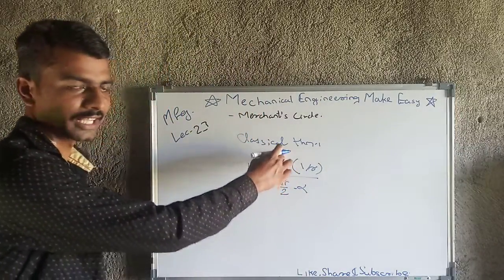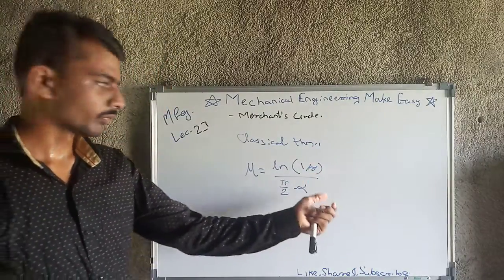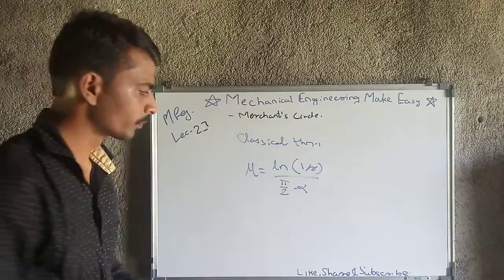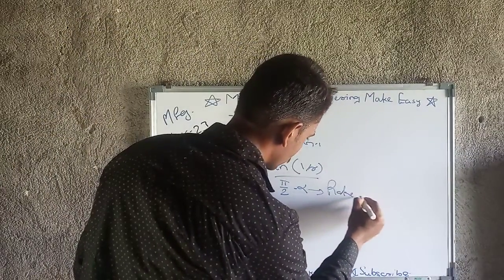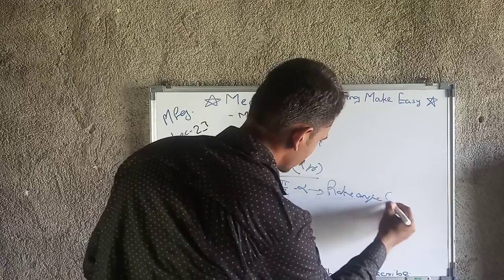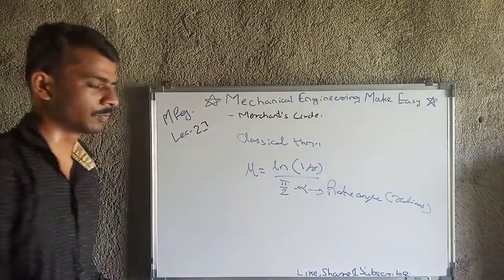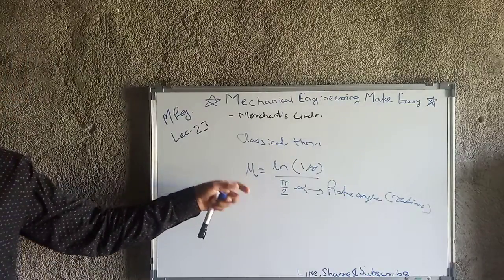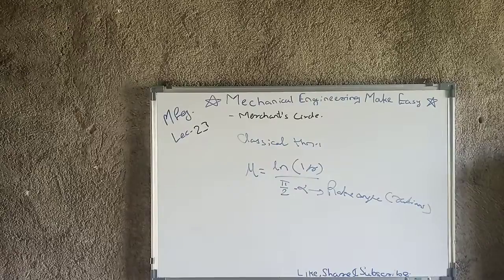Ln is the natural log, r is the thickness coefficient, and alpha is the rake angle, and it should be in radians, not in degrees. For this principle, alpha, that is rake angle, should be in radians. Okay, note down this formula.